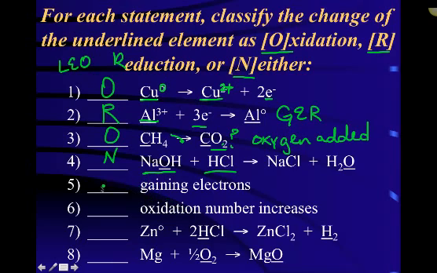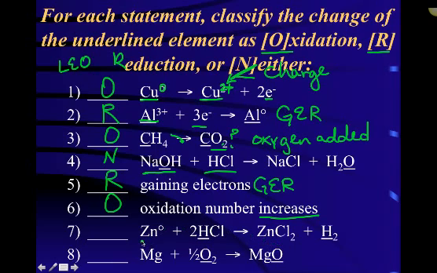Gaining electrons, that's my GR part, so what's that? Gain of electrons is reduction. The oxidation number increases. So if this number up here, called the oxidation number, we call it the charge sometimes, if that's going up, then we're losing electrons, and the loss of electrons is oxidation. All right, now let's look at this one.